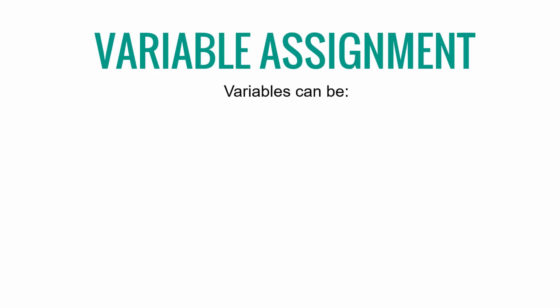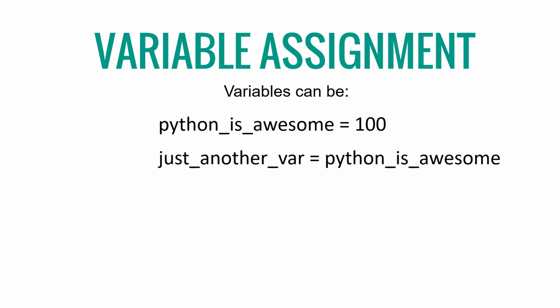So here is an example. You can write Python is awesome and give it a value 100. And you can type just another var equal to Python is awesome. Also you can create a variable and after the equal sign, give the name of a variable that was created before.